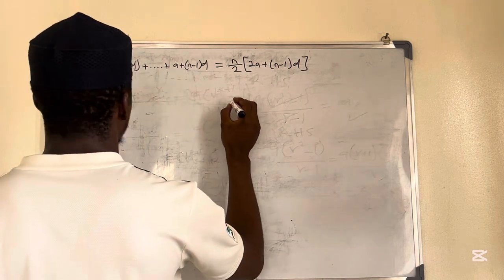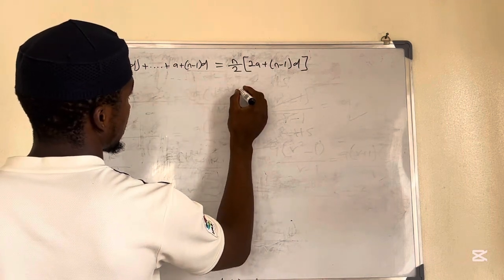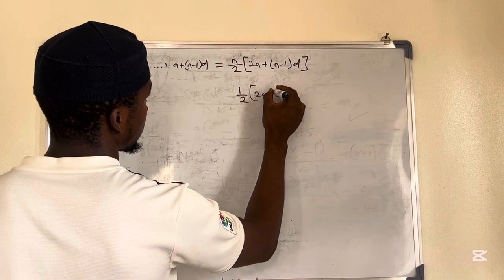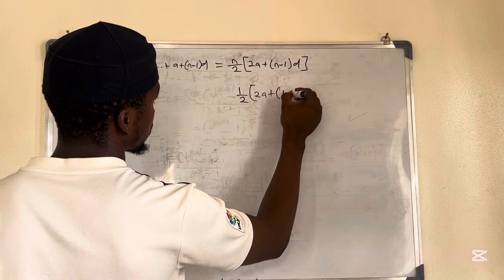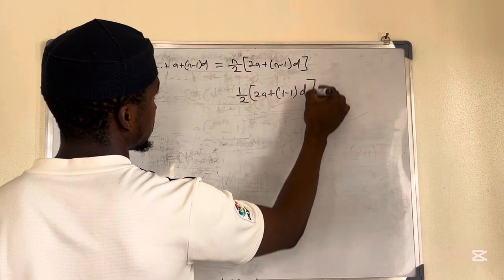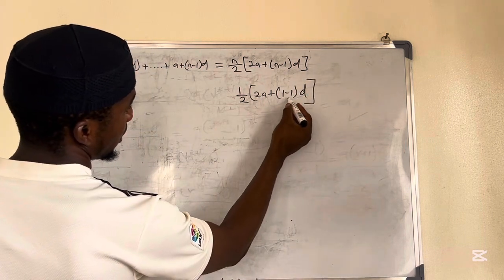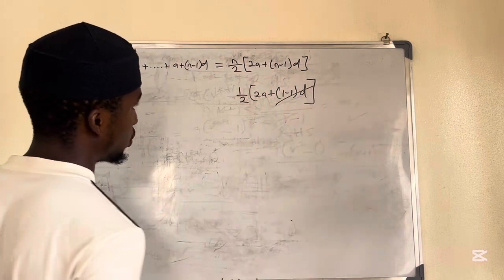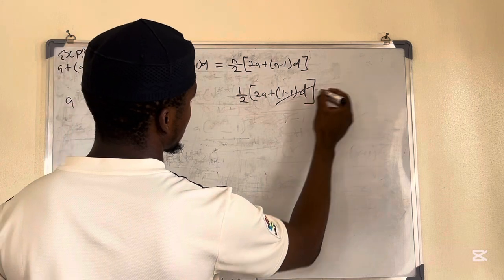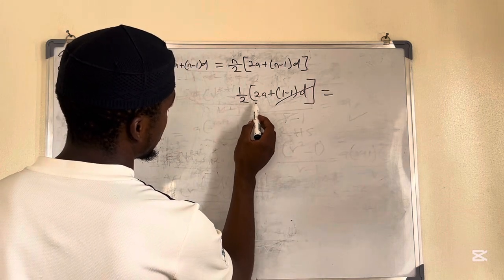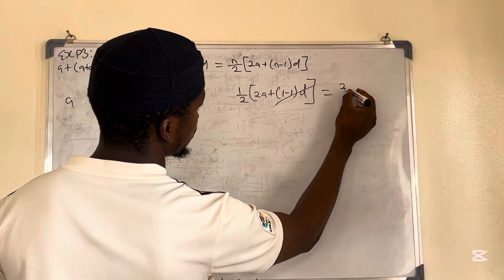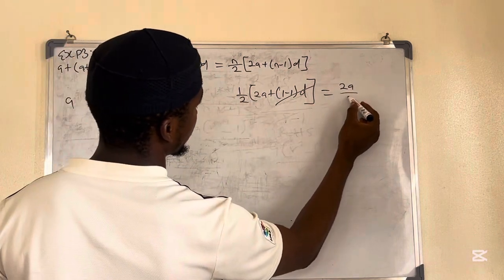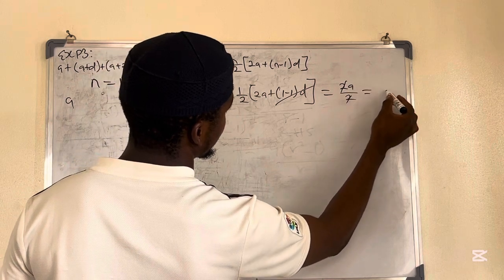For the right hand side, we substitute n equals 1: we have 1 over 2 into (2a plus (1 minus 1) d). So 1 minus 1 is 0, and 0 multiplied by d is 0. We're left with just 1 over 2 multiplied by 2a. So we have 2a all over 2, then these 2s cancel, and we have a.